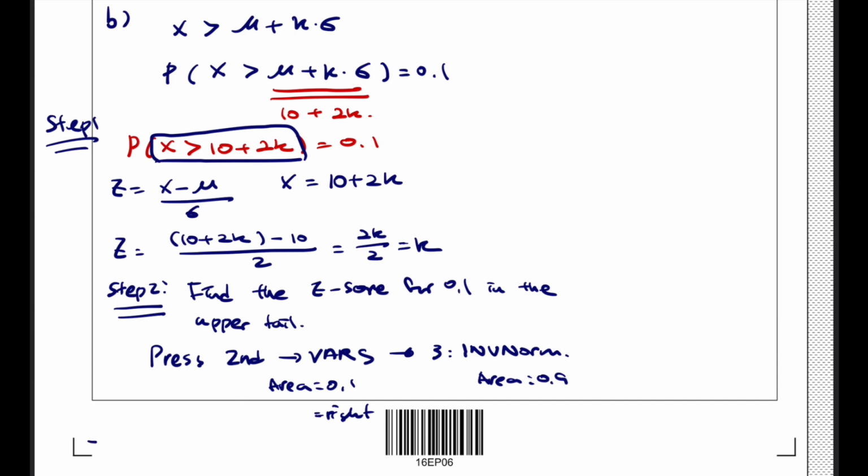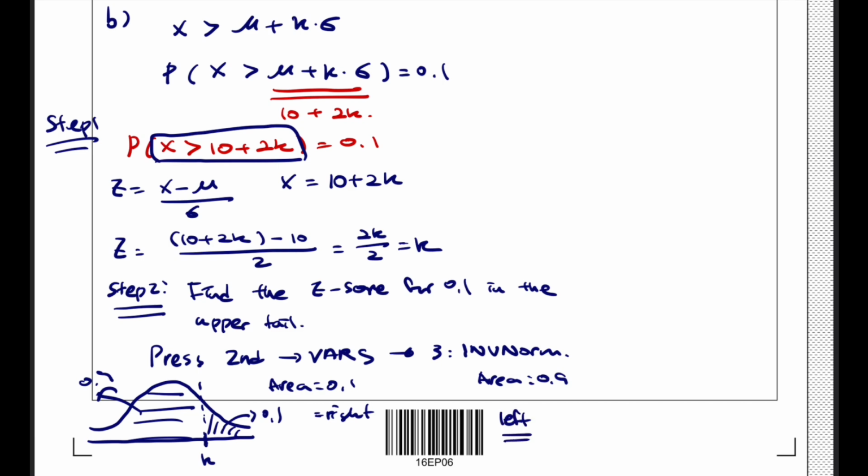Or if I'm drawing the diagram, we do know that this is our k value, and this part is 0.1, and this part here is 0.9. So that's the reason why, if we choose the area as 0.9, then we have to choose left.